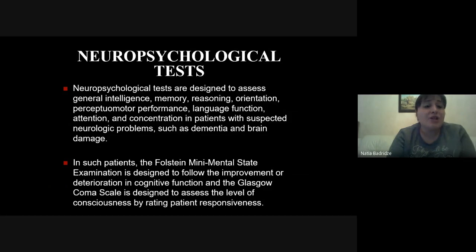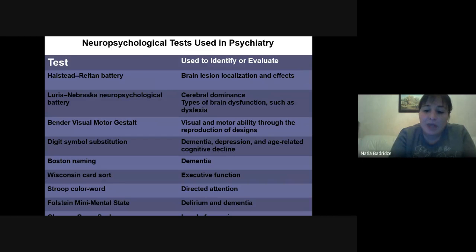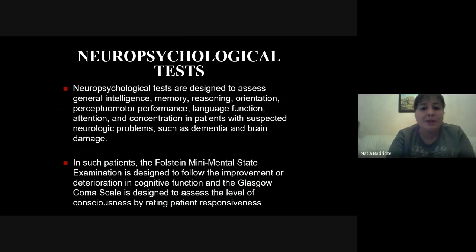In such patients, the more specific tests that we are using are the Folstein Mini Mental State Examination, which is designed to follow the improvement or deterioration in cognitive functions. So we can apply this Folstein Mini Mental State to patients with dementia or other cognitive disabilities, even with schizophrenia, because we know that during schizophrenia we also have cognitive impairment.